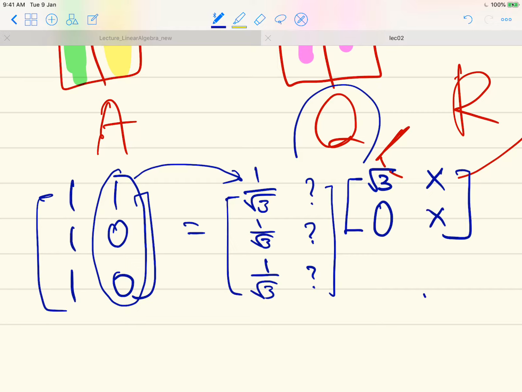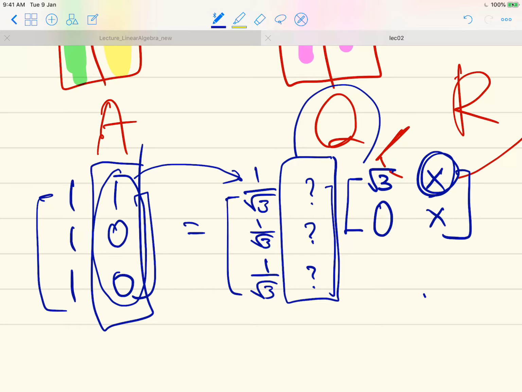So we need these two, and also this part, right? And then what about this part? So we need to reconstruct the second given vector as a linear combination of these two, and what will be the linear combination coefficient that is multiplied with the second one.